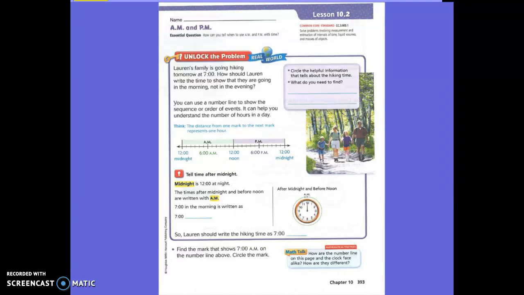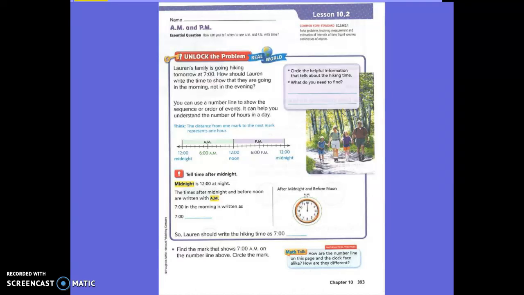Okay, let's read the story. Lauren's family is going hiking tomorrow at 7 o'clock. How should Lauren write the time to show that they are going in the morning, not the evening? Do you see how that could be confusing?